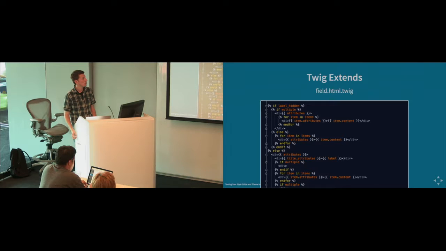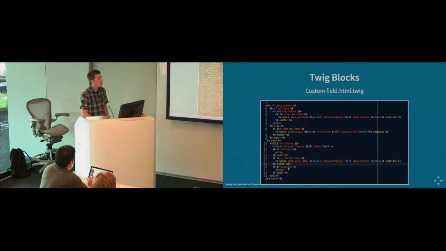Thinking back to how this would be done in Drupal 7, if you wanted to wrap the content items in different markup, like an H1, you'd have to create a duplicate of this template that contains the entire contents of field.html.twig, make your change there, and then if you had another one that needed to be an H2, you'd have to do the same thing over.